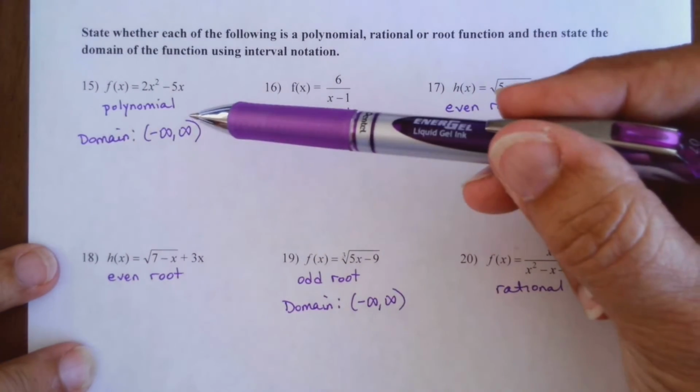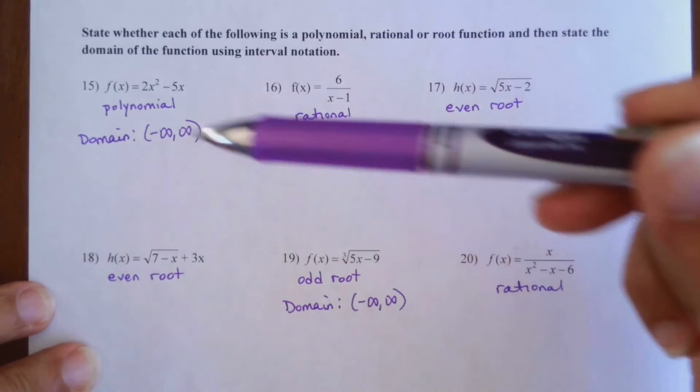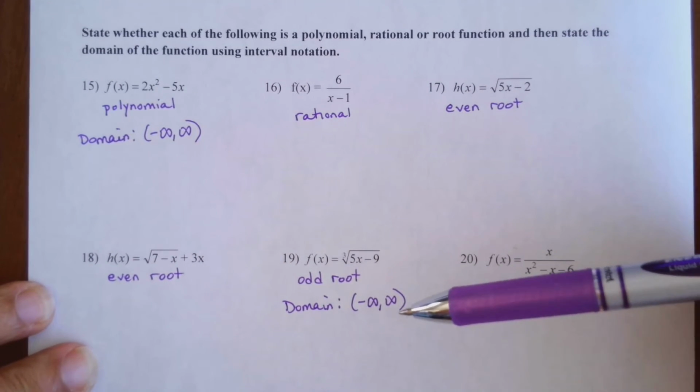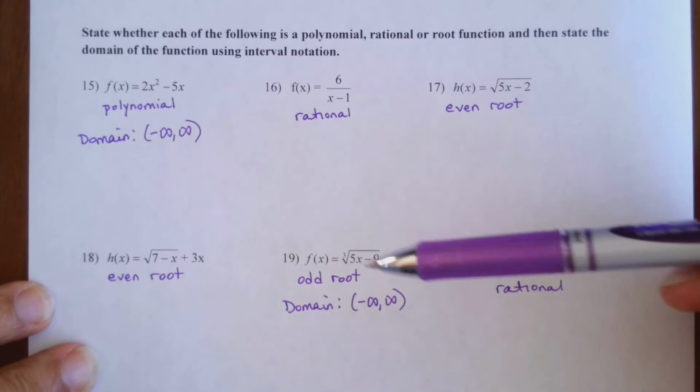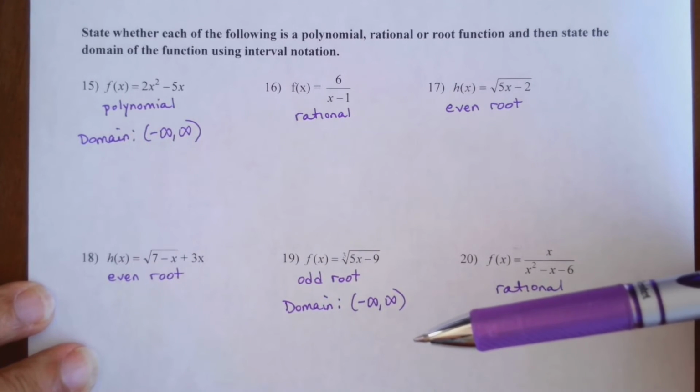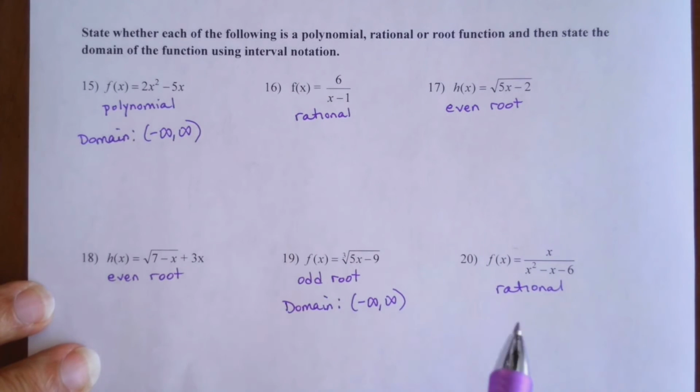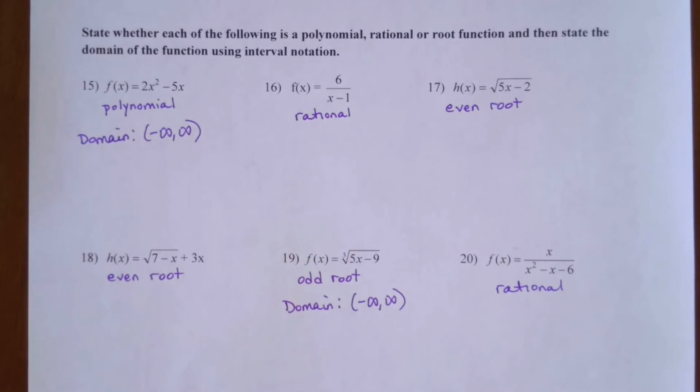So those are the easy kind of domains. I don't really have to think too much about it. What that means is any number for x, I can put in here and I will get an answer. These other ones, I can use almost every number, except there are some exclusions or a boundary.